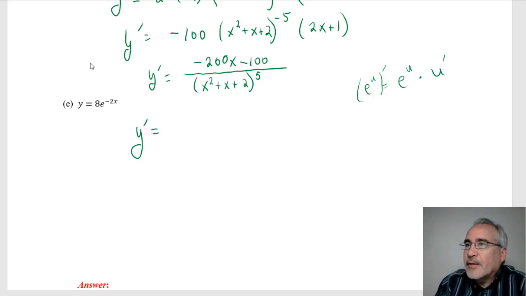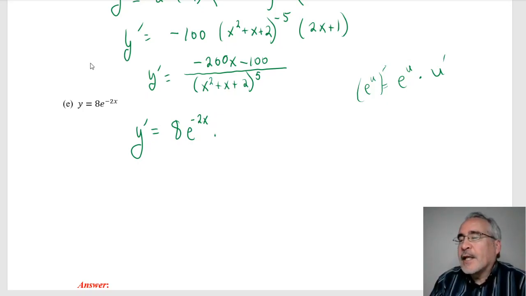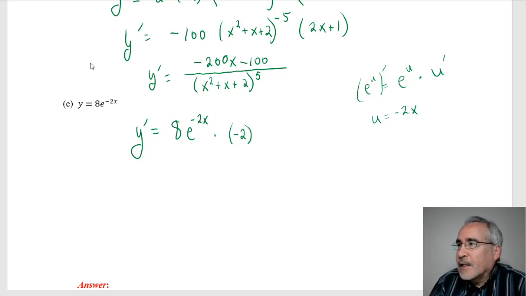We'll use this sometimes. So this is just going to be 8e to the minus 2x times the derivative of the inside, the derivative of the exponent. Derivative of negative 2x is negative 2.